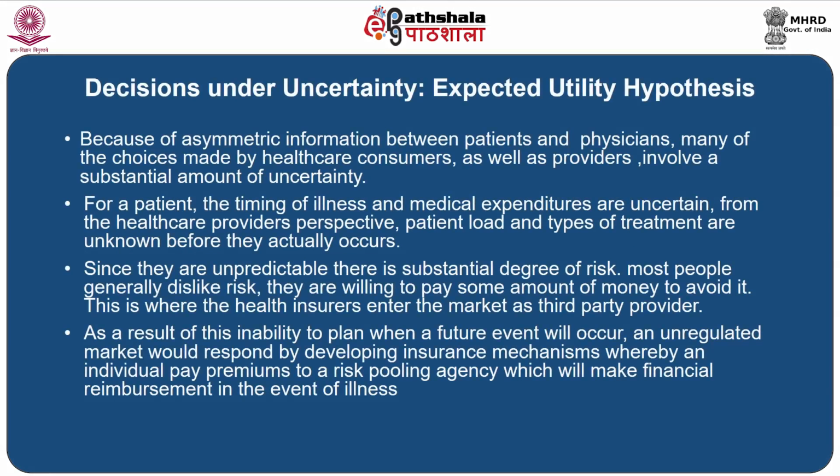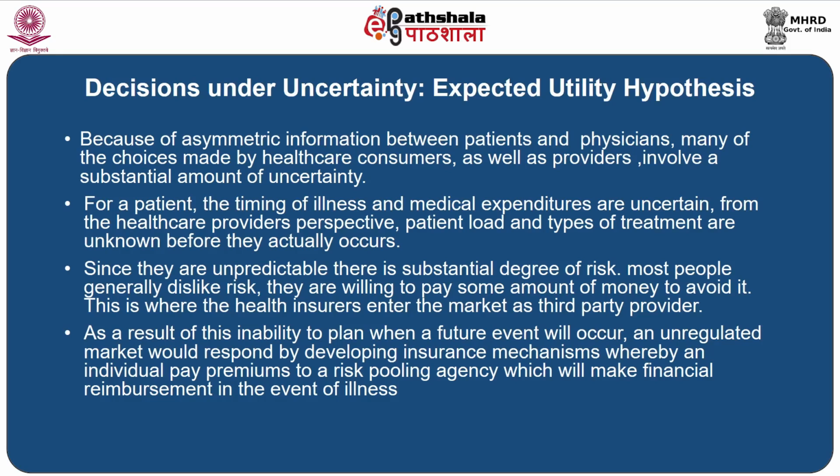Because of asymmetric information between patients and physicians, many of the choices made by healthcare consumers as well as providers involve a substantial amount of uncertainty. For a patient, the timing of illness and medical expenditures are uncertain. From the healthcare provider's perspective, patient load and types of treatment are unknown before they actually occur. Since they are unpredictable, there is a substantial degree of risk.